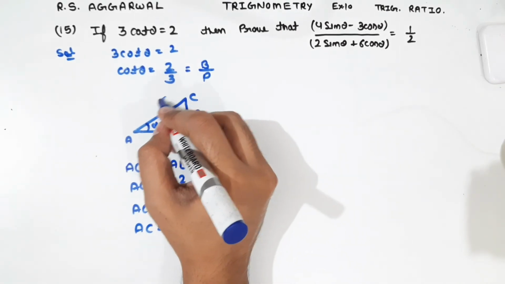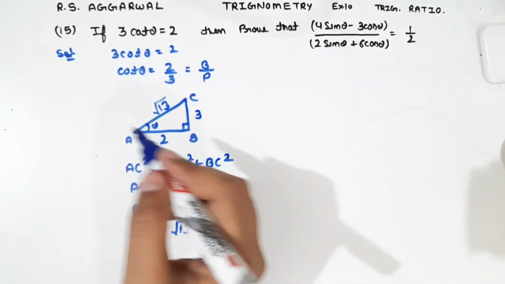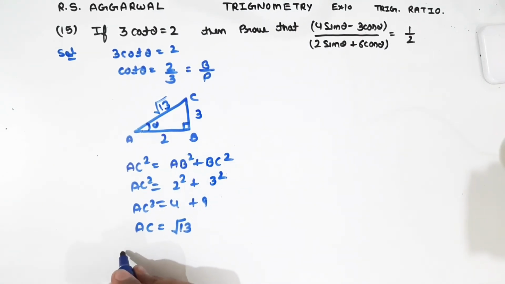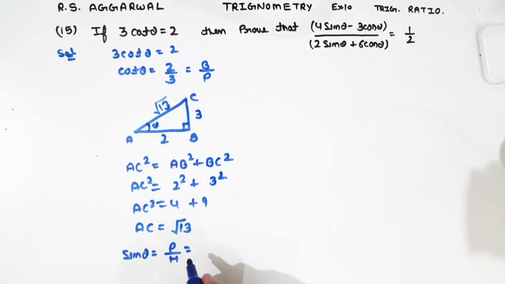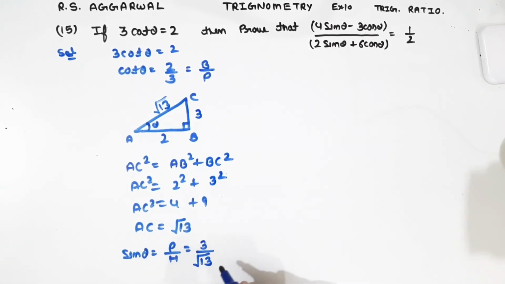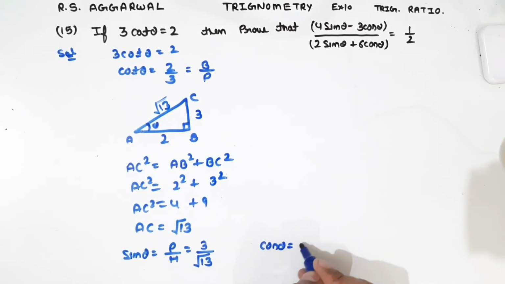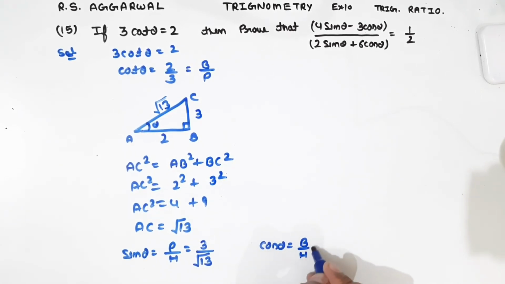So our hypotenuse will be under root 13. So from here sine theta is given as perpendicular upon hypotenuse. So our perpendicular is 3 and hypotenuse is under root 13. And cos theta is given by base upon hypotenuse. So our base is 2 and hypotenuse is root 13.